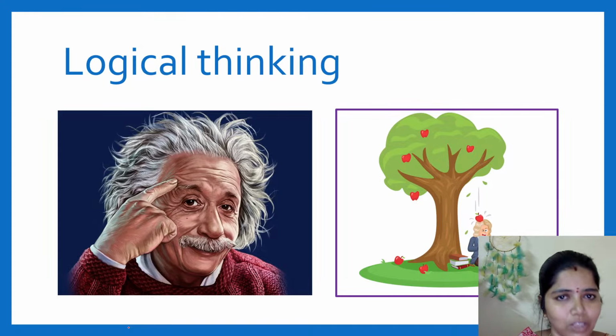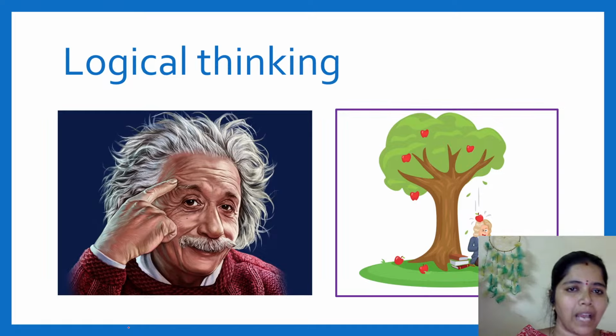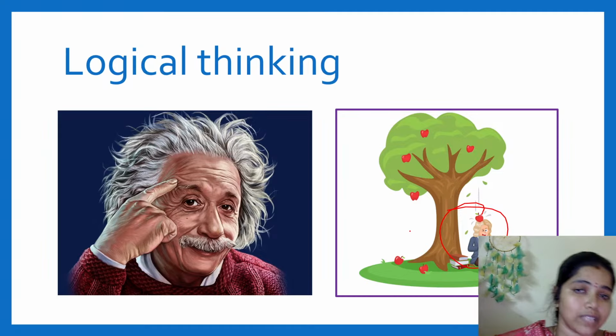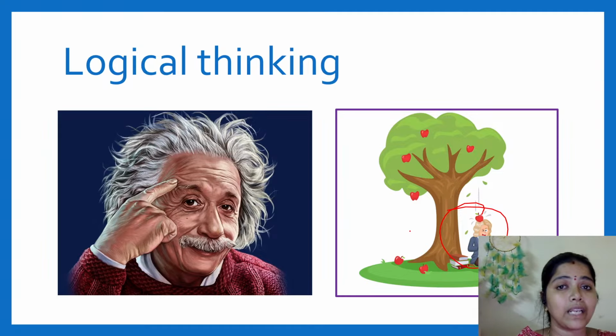There should be a logic with whatever thing we do. The way we eat, the way we drink water, the way we do things, everything has a logic behind the thing happening. That is how Isaac Newton found out about gravity. Gravity was already there in the universe, but he coined a name, gave a theory, and proved that it is called gravity.